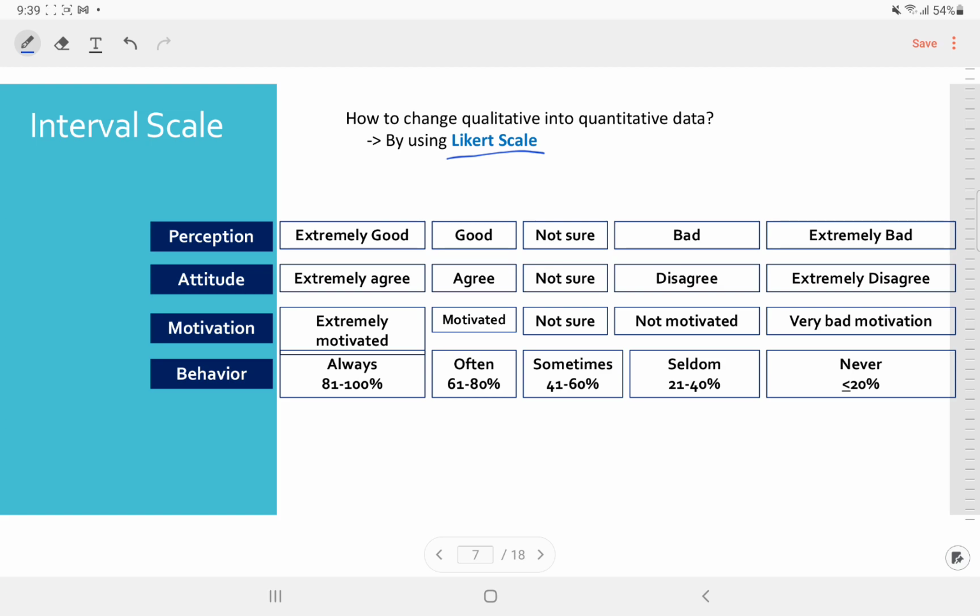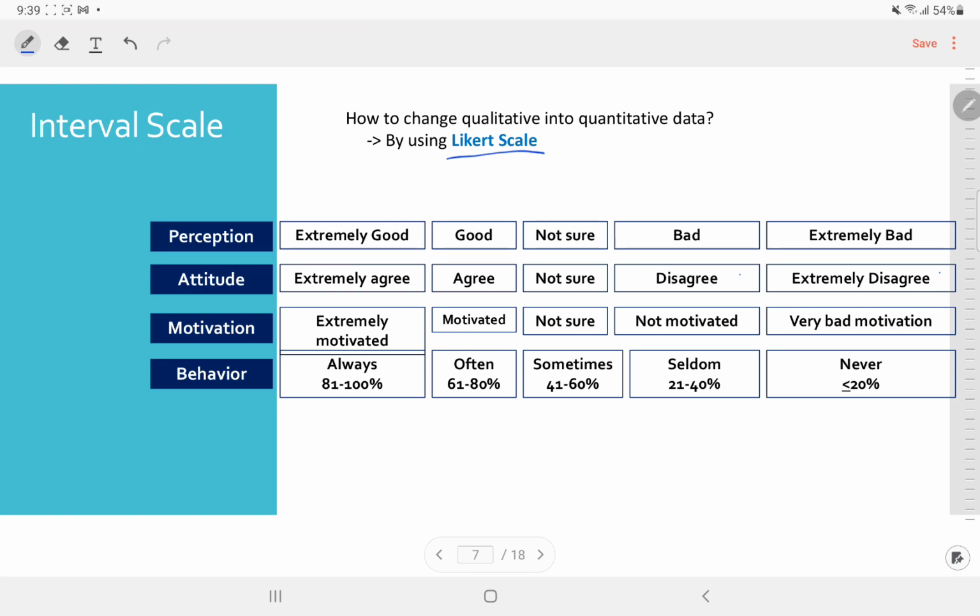To measure perceptions, we will ask them questions, and each item will have choices like this: extremely good, good, not sure, bad, and extremely bad. And also attitude: extremely agree, agree, not sure, disagree, and extremely disagree.